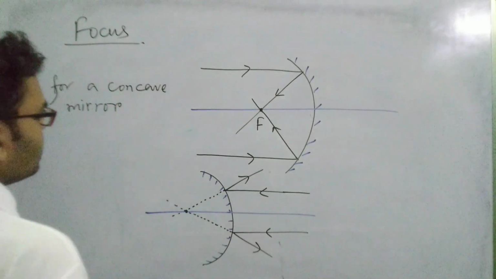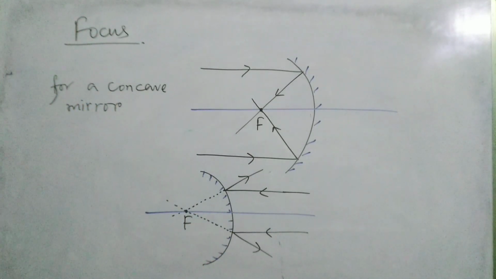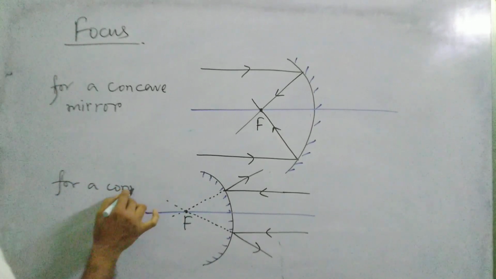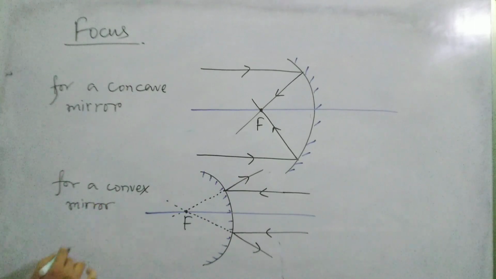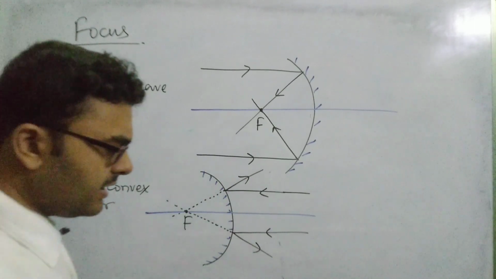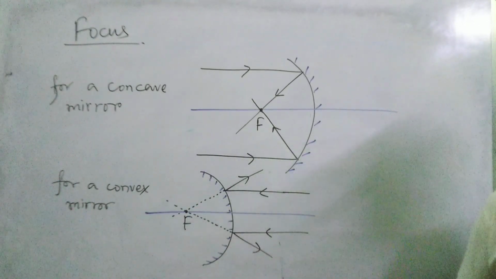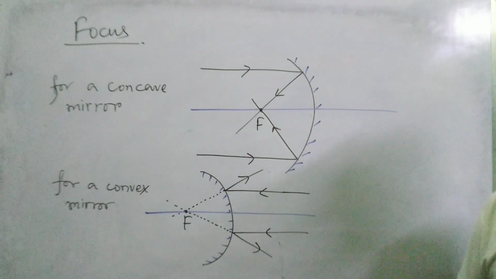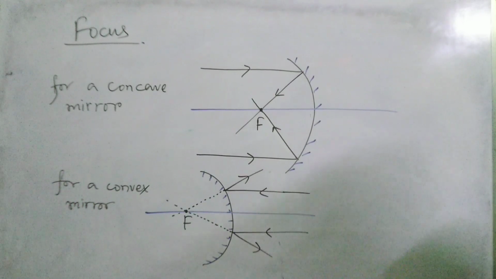This particular point for a convex mirror is defined as the focus. So for a convex mirror, how can we define focus? Focus for a convex mirror is defined as a point on the principal axis from which the reflected light rays, if the incident light rays are coming parallel to the principal axis, seem to diverge.